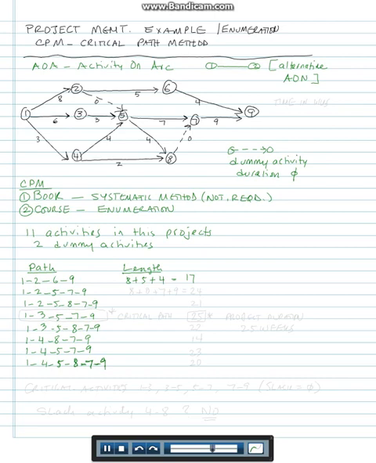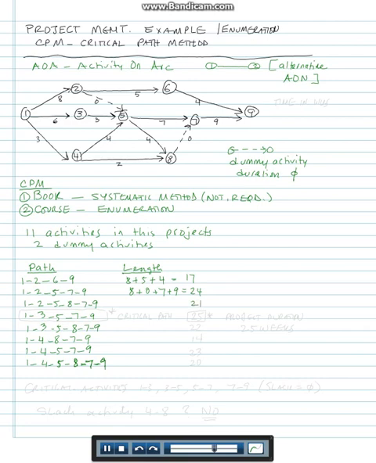1, 2 is 8. 2, 5 is 0. That's a dummy activity. 5, 7 is 7. And then 7, 9 is 9. And that would be 24. So similarly, you calculate all the rest.